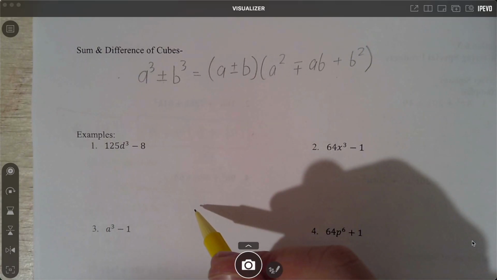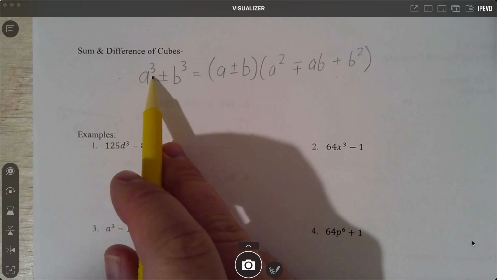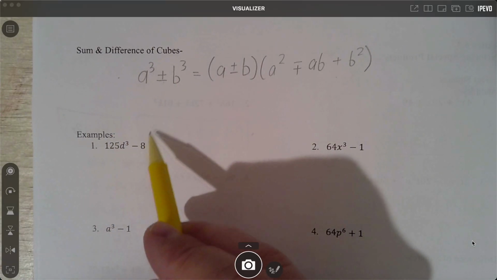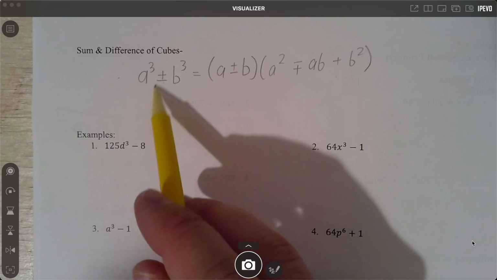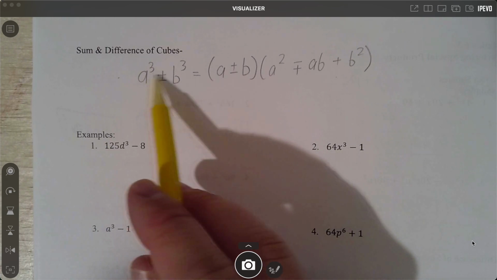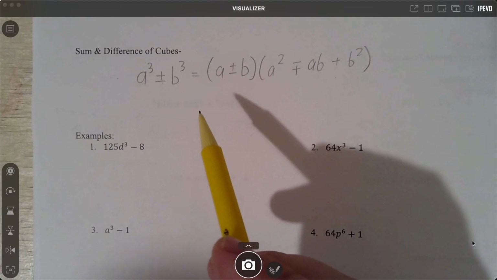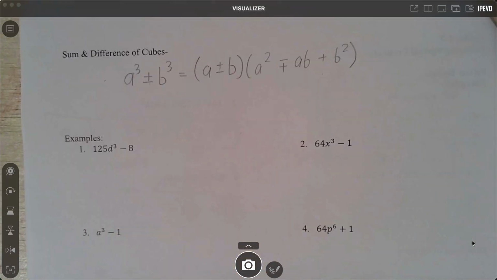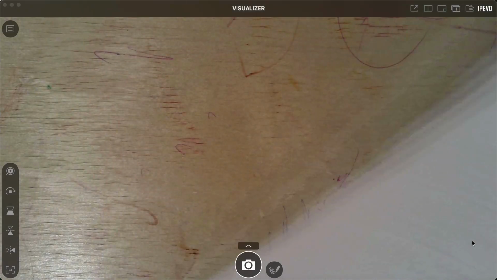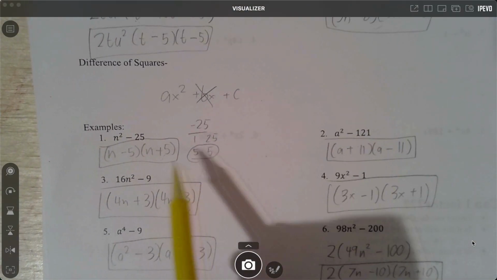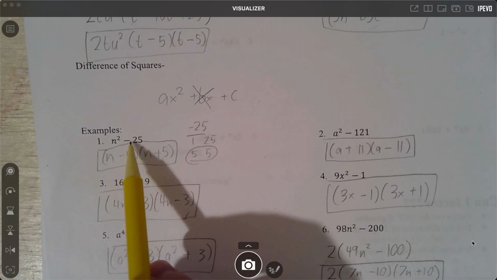So how do we use this formula? Well, the first thing is we need to notice that I see a perfect cube and a perfect cube. One other thing that's interesting that we maybe need to call out is that there can be a sum of cubes or there can be a difference of cubes. Just to say, there is no such thing as a sum of squares, like we saw last time. There is no way to factor if it's n squared plus 25.